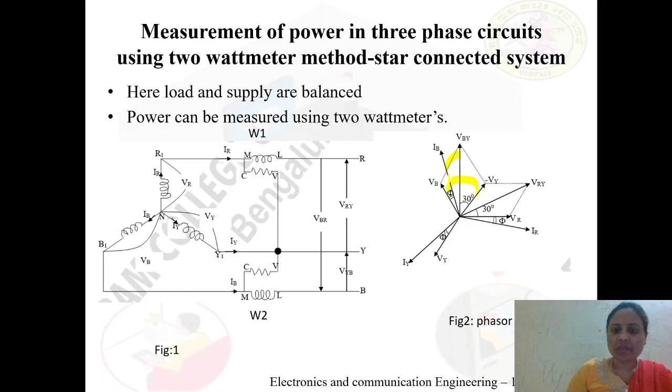And from here to here, VB to IB, it is 5. But then the angle between IB and VBY is 30 minus 5.